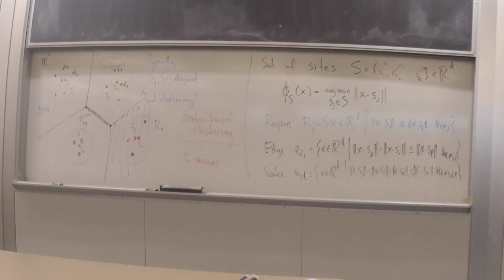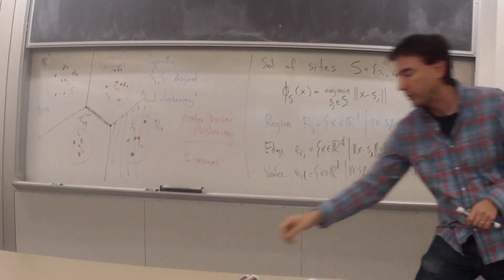So this is now three points, and this basically happens when there's some other point, let's say this is s_l, and I'm sliding this point along this line, and the circle is growing as I do it until it hits this other point.